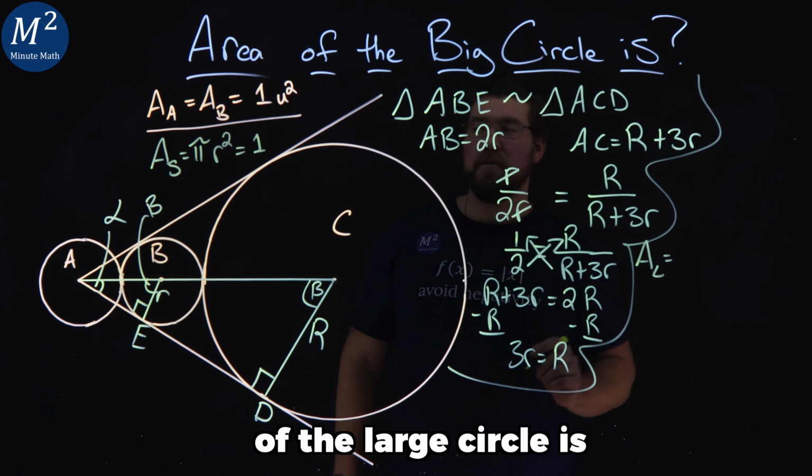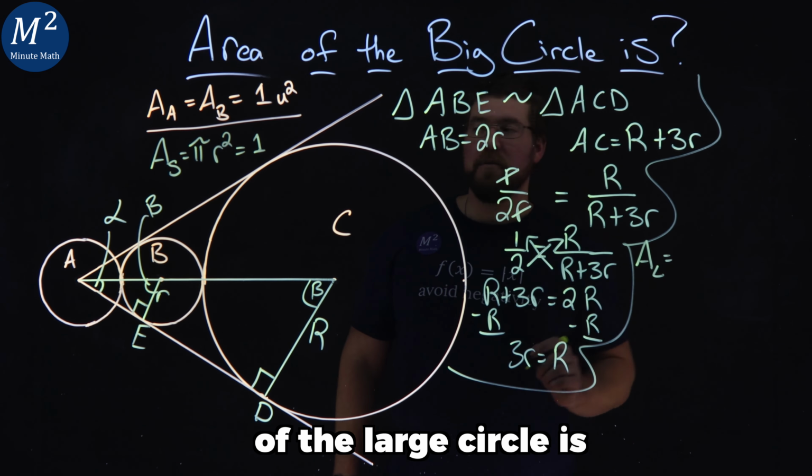But what do we know about big R? Big R is equal to 3 little r's. So the area of the large circle is pi times 3 little r's squared. Simplify that out. Area of the large circle equals pi times 3 squared, which is 9, times r squared. Move the 9 to the front. Area of the large circle is 9 times pi r squared.